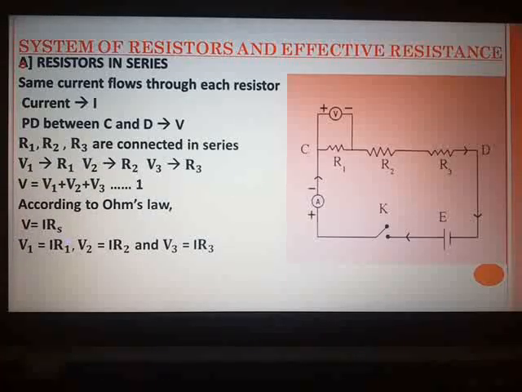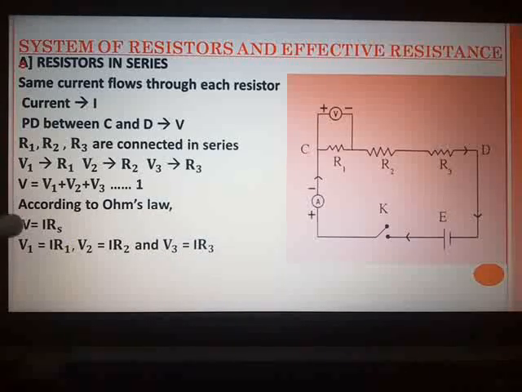Now you are going to apply Ohm's law. So what is Ohm's law? V is equal to IR. Here I have taken RS, because we are going to calculate the effective resistance in series combination. So S stands for series. V is equal to I RS, V1 will be I R1, V2 will be I R2 and V3 will be I R3.